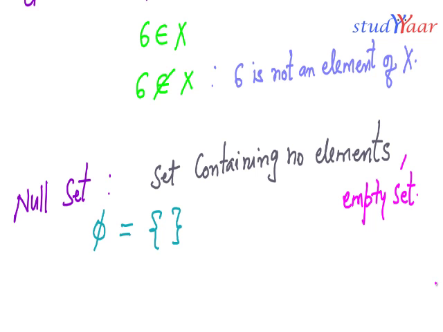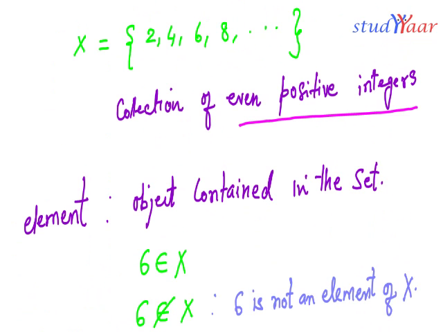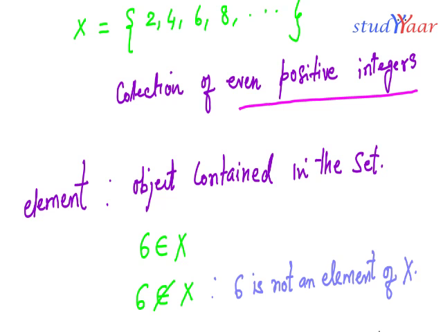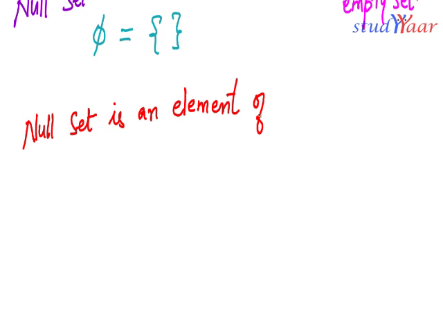One thing that we should remember is that the null set is an element of every set, okay? So I'm just going to write it for you over here, stating that the null set is an element of every set.